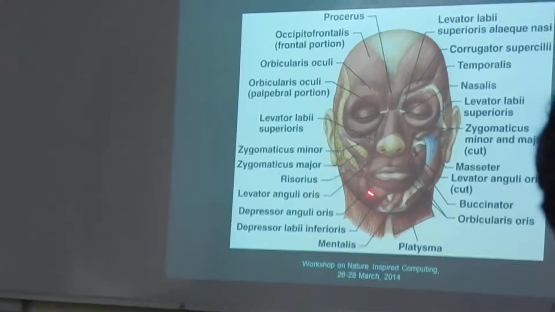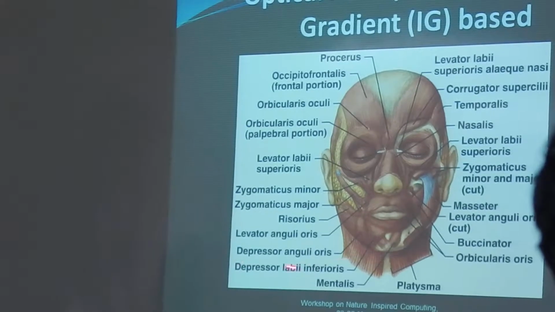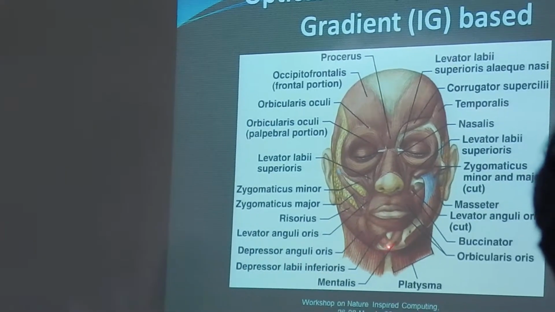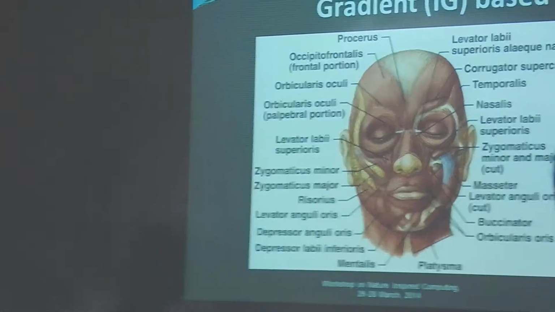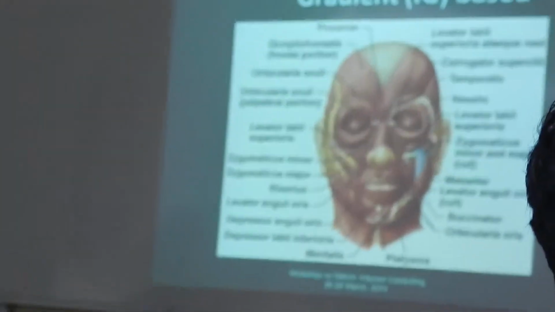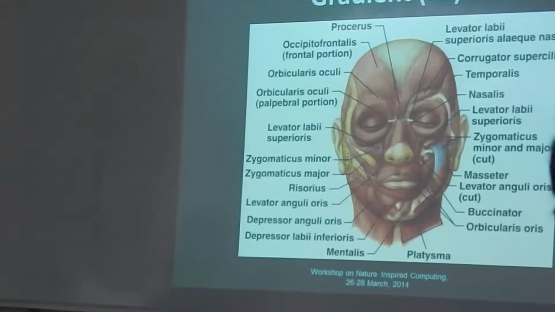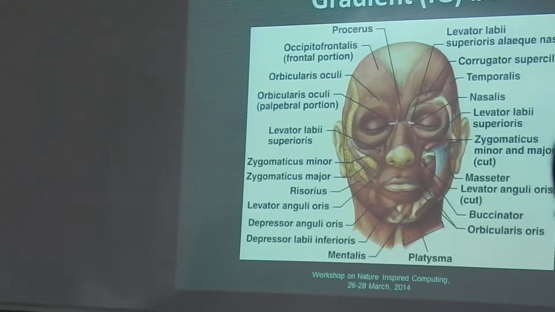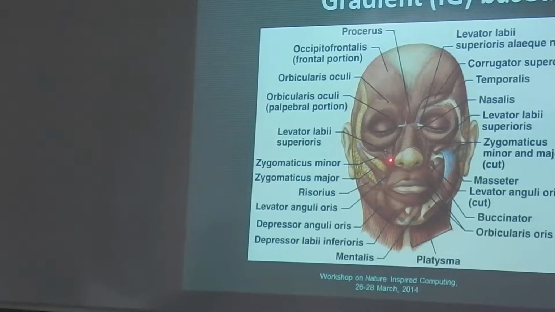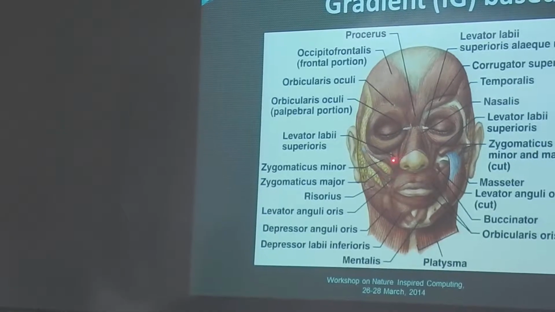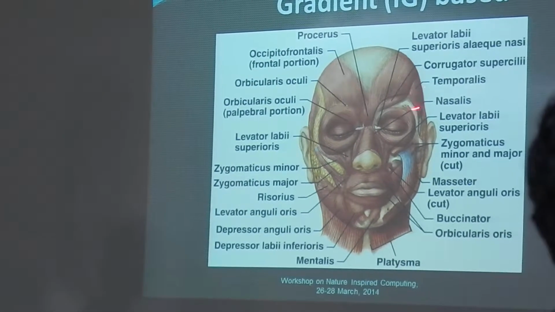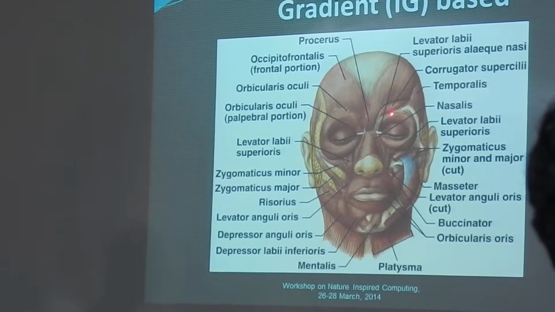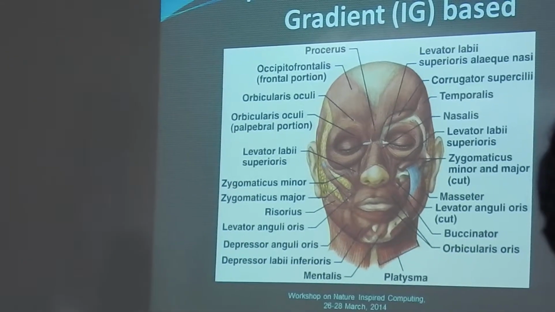The lip corners go downward using the muscle depressor anguli oris, and the chin is pulled upwards using the muscle mentalis. Similarly, when you show disgust, the nose goes upwards and the upper lip goes upwards. Those are controlled by the muscle nasalis and the muscle levator labii superioris. And the eyebrow, obviously, is controlled by the muscle corrugator.